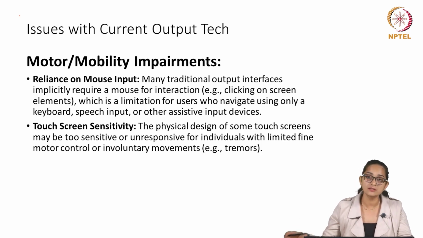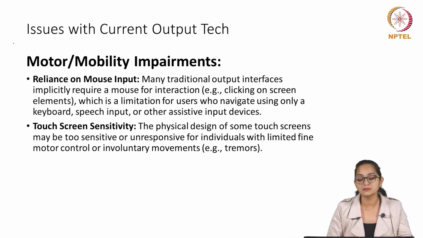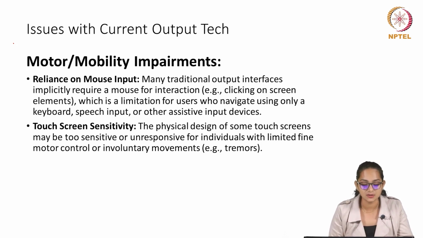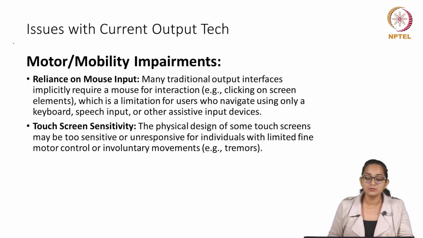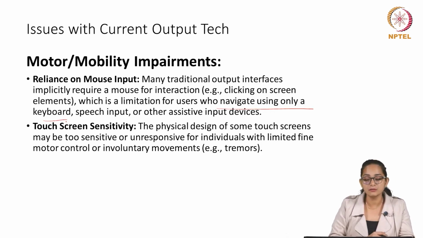But then even interaction with a mouse kind of an interface is an issue, and we have had a discussion about the same in the previous lecture, where we spoke about traditional and emerging input technologies. You can go back and check that session as well. So, which is a limitation for users who navigate only using a keyboard.